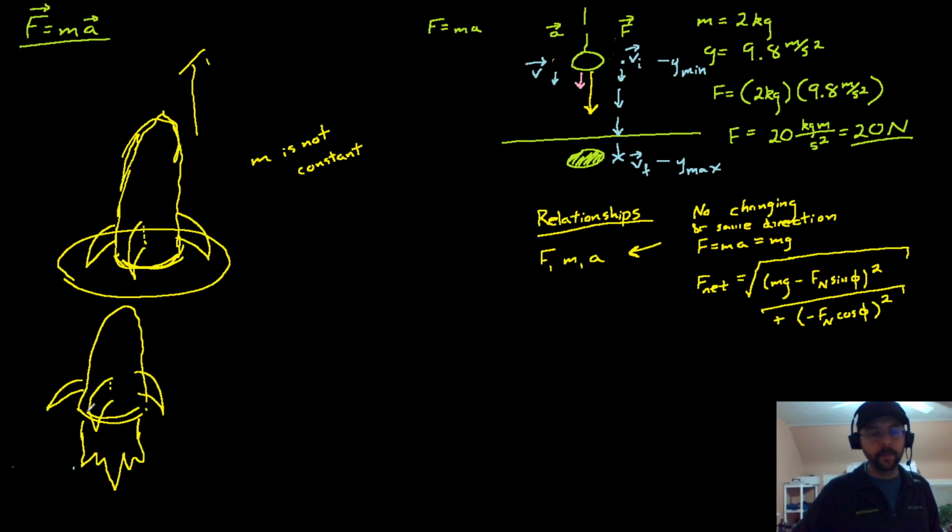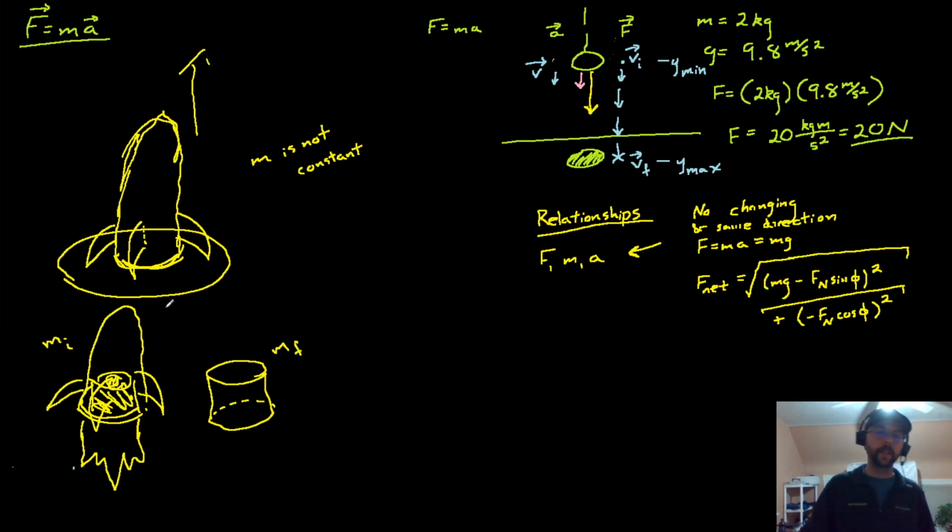So it's going to have this reservoir somewhere inside here that's filled up with fuel. And as this moves upward, it burns up fuel until at some point the reservoir is empty and there's no fuel. So we see that at the initial point we have M initial, the final point we have M final.